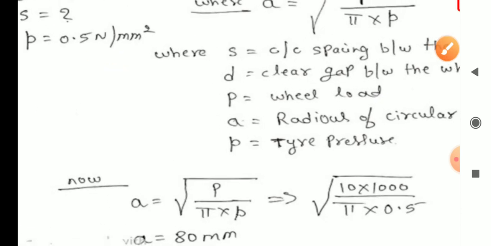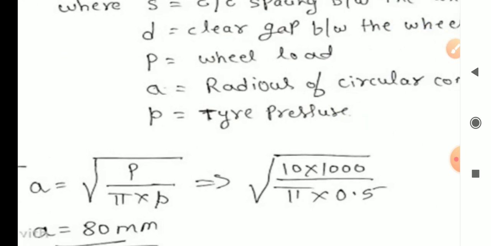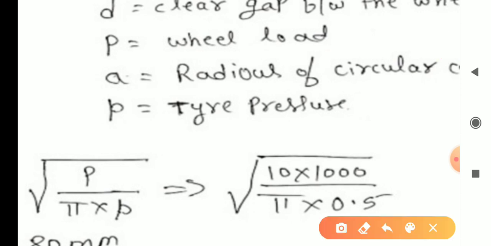I want to find A in mm. That's why we have to convert from kilonewton to Newton, because tire pressure is given in Newton per mm square, so I want to cancel Newton. That's why capital P, that is the kilonewton value, we have to convert to Newton. How to convert? 10 into 1000, that is 10,000, to convert kilonewton to Newton.